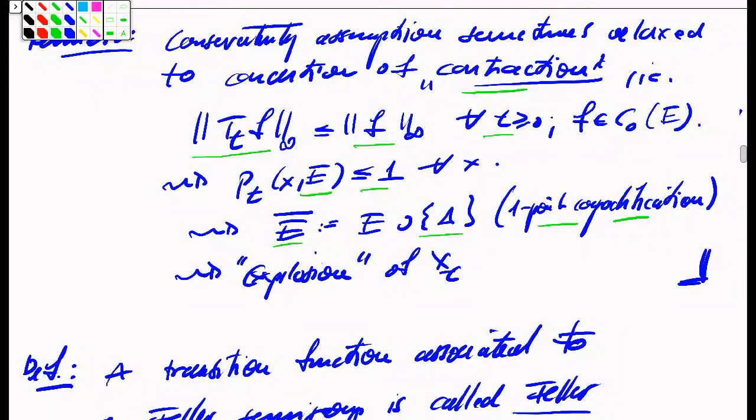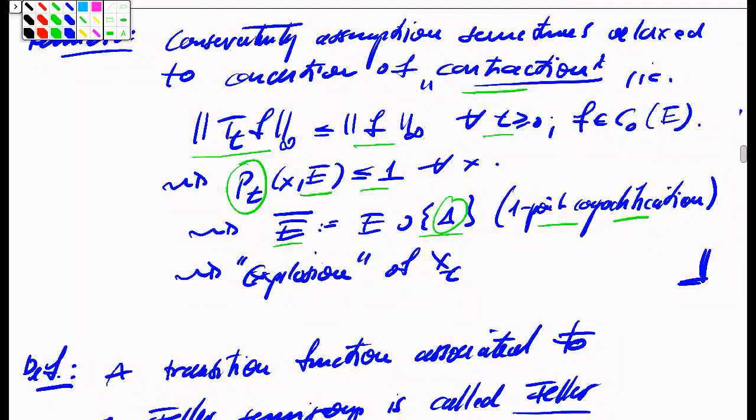And then we can extend this sub-Markovian kernel to a kernel on the full space, which will then really be a probability kernel, by putting all the defect measure that is missing onto this artificial point delta.